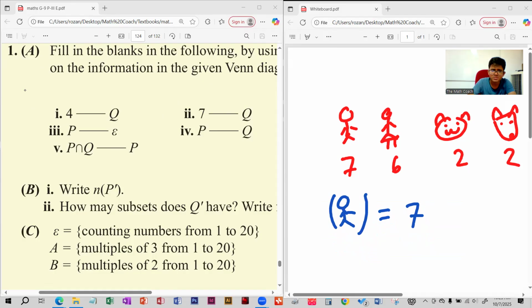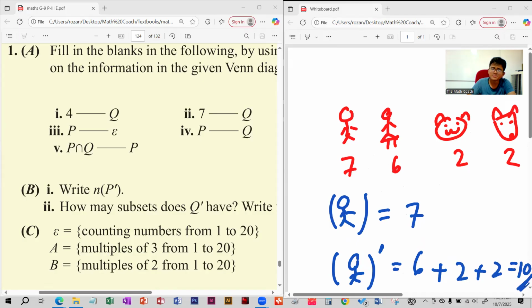Does it make sense? So if you take a boy complement, we must take all the other people except boys. That means it can be girls, cats, dogs as well. So 10. Okay, right. So that simple example is over.